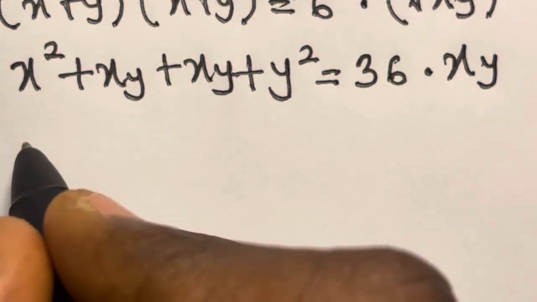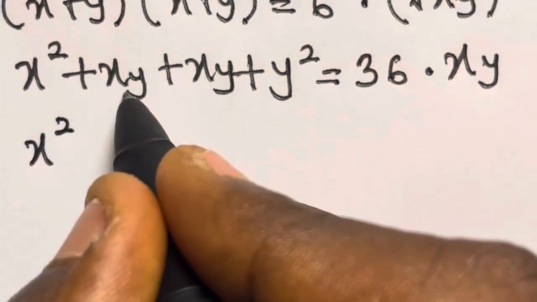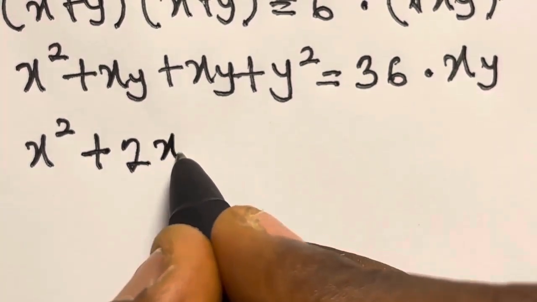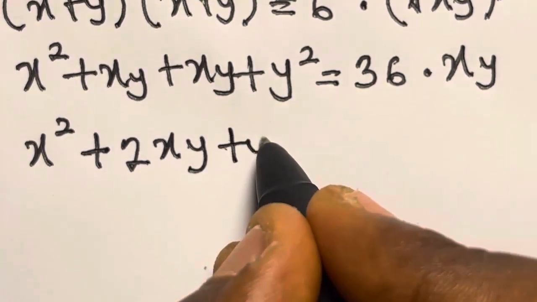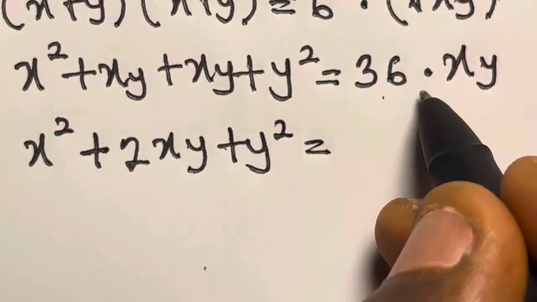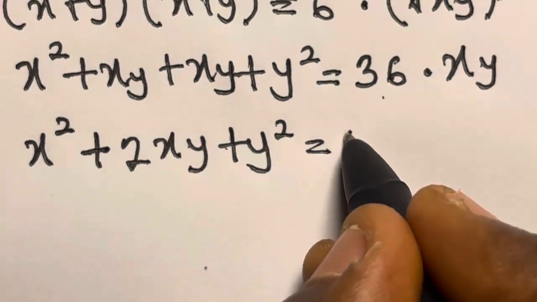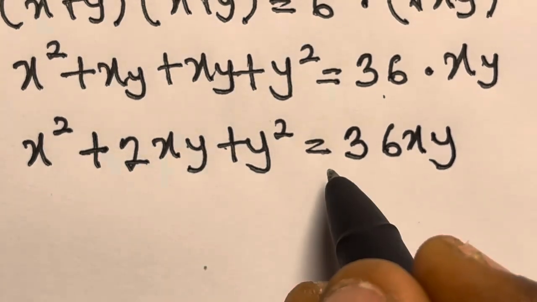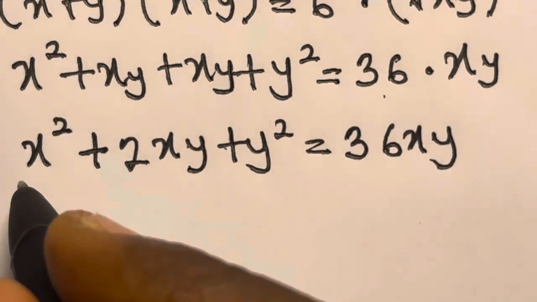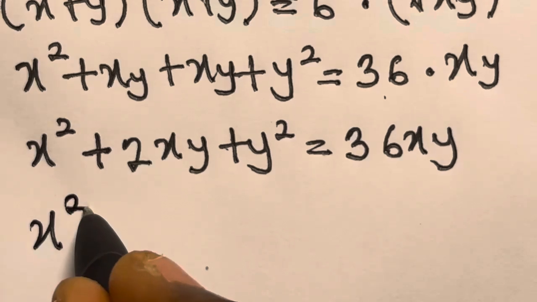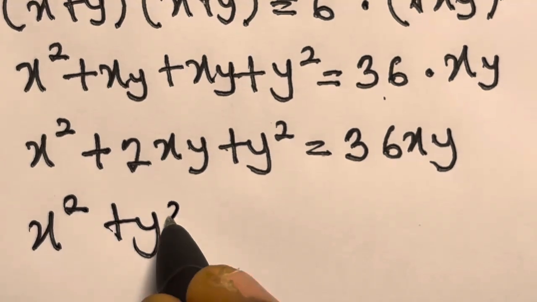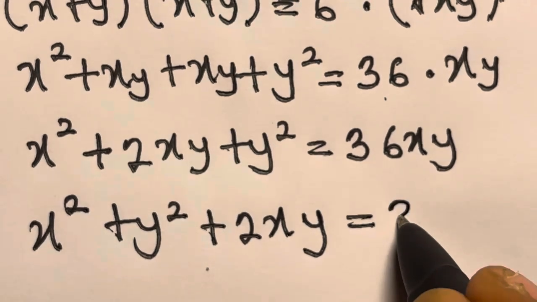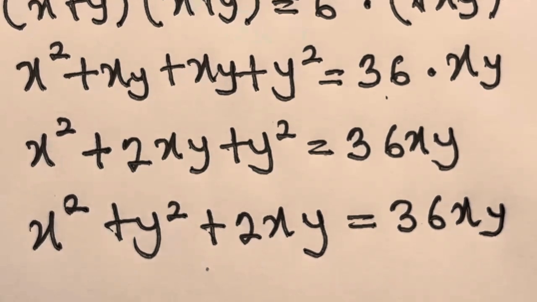So now we have x squared, xy plus xy gives 2xy, plus y squared equals 36xy. We can express this as x squared plus y squared plus 2xy equals 36xy, right?